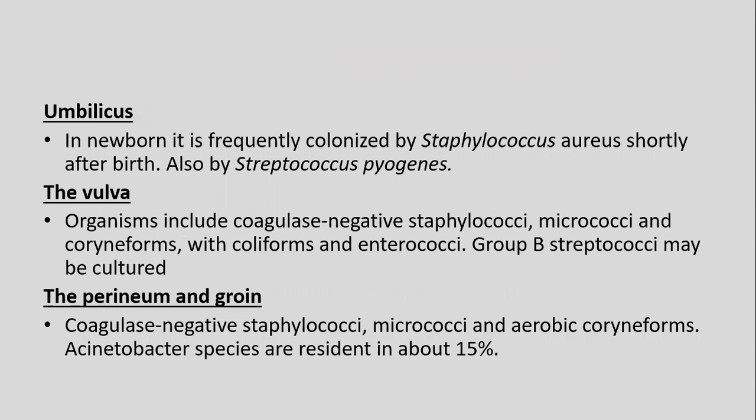Umbilicus: in newborns, it is frequently colonized by Staphylococcus aureus shortly after birth, and also by Streptococcus pyogenes. The vulva: organisms include coagulase-negative Staphylococci, micrococci, and coryneforms, with coliforms and enterococcus. Group B Streptococci may be cultured. The perineum and groin: coagulase-negative Staphylococci, micrococci, or aerobic coryneform Acinetobacter species are resident in about 15%.